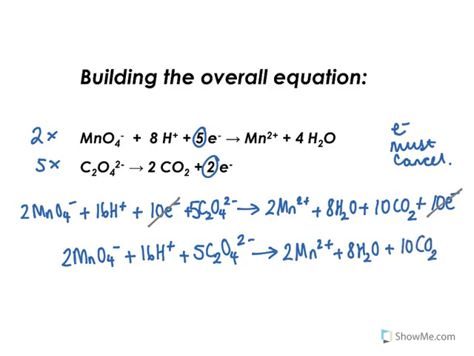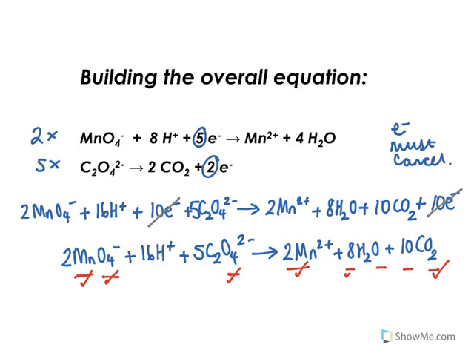And then treble check that everything balances. So we've got manganeses. On the left we've got 2 here, on the right we've got 2 here, so that works. Oxygens, we've got 2 4s is 8, plus 5 4s is 20, so that's 28. And we've got 8 1s here, plus 10 2s, that's 28, so the oxygen balances out.